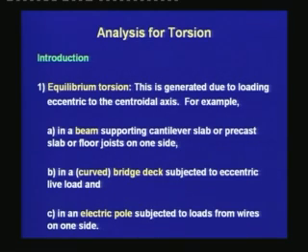For example, in a beam supporting cantilever slab or precast slab or floor joists on one side, in a bridge deck subjected to eccentric live load, the torsion is higher for a curved bridge deck. And third, in an electric pole subjected to loads from wires on one side.